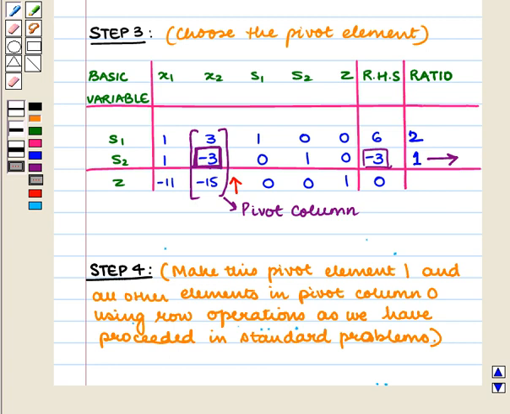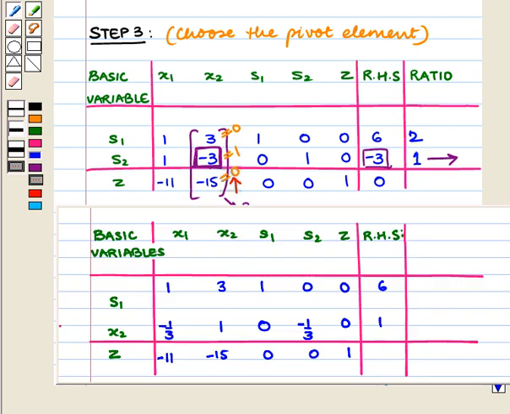Now our next step is to make this pivot element 1 and all other elements in the pivot column 0 using row operations as we have proceeded in standard problems. So we have the following table.